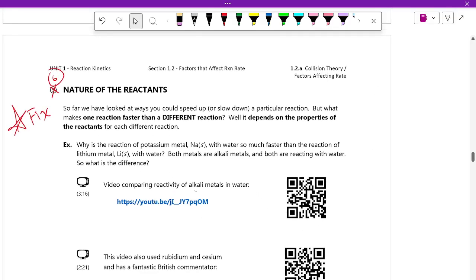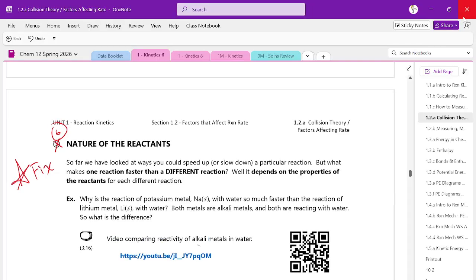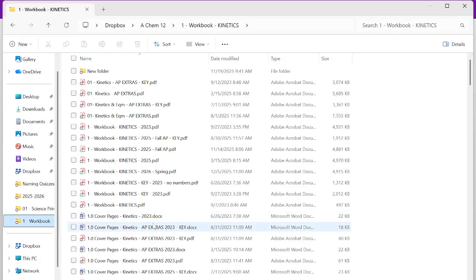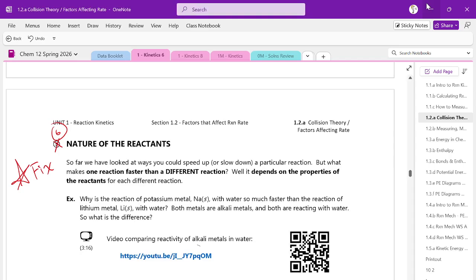Oh, well, that's irritating. I don't have the videos up, but let's take a look at the reactivity of alkali metals in water. Okay, and I'm just going to grab this from here. And this is 1.2a.